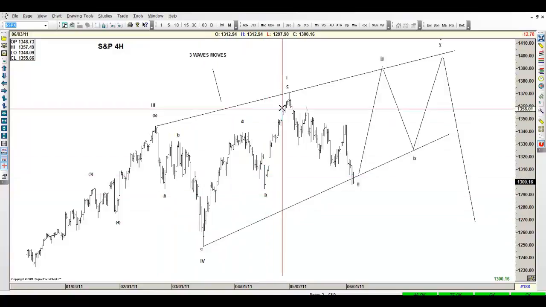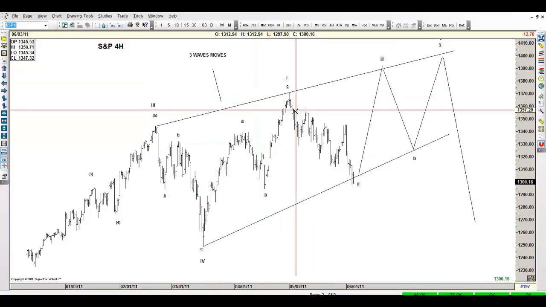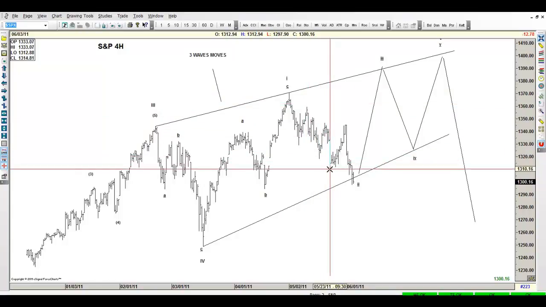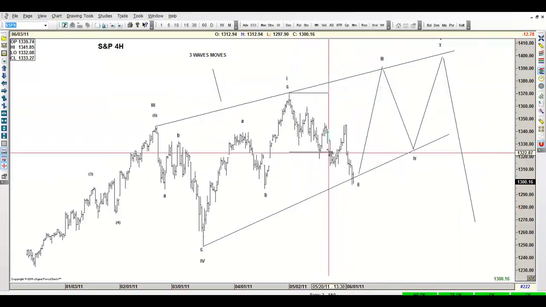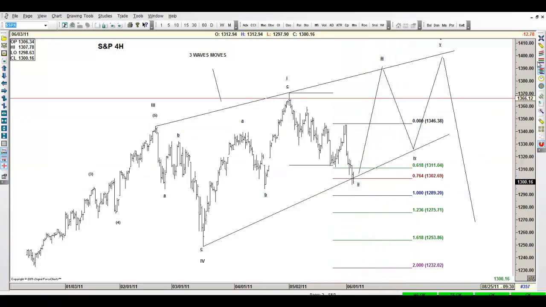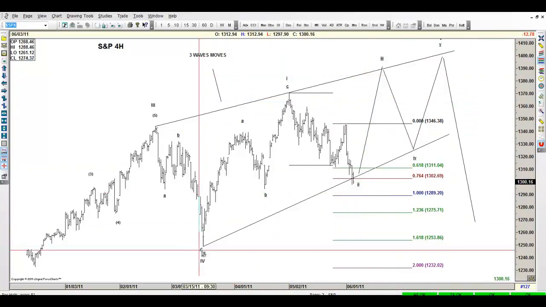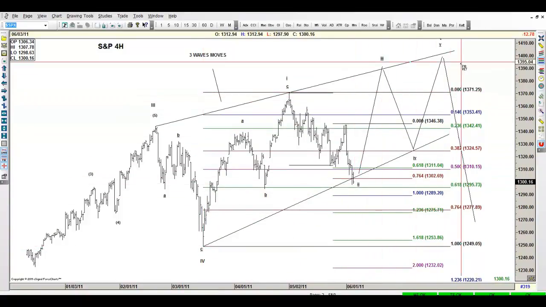Look, A, B, C. This can be 1, 2, 3, 4, or 5 with a truncation, 5 and an extending, expanding diagonal 1 and 2 and a 3. But we're getting close to the area where they're getting close to equal legs, and we're getting close to the 618.